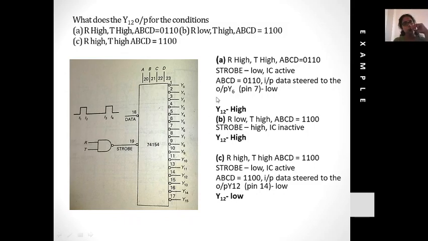I hope you understood this problem also. So what we learned today, my dears, is two things: the demultiplexer and how the circuit works, and another example of how different conditions of ABCD lead to switching of input to the output.